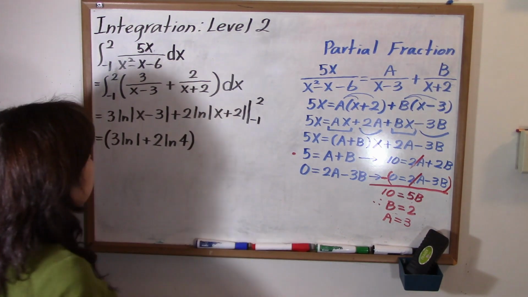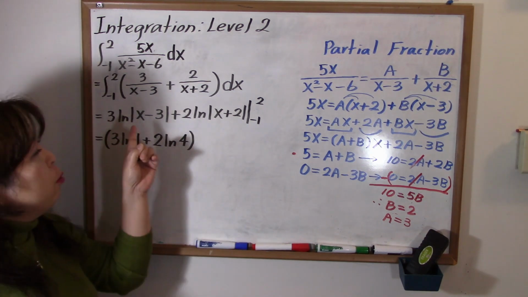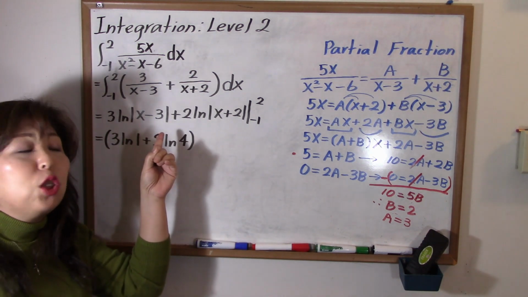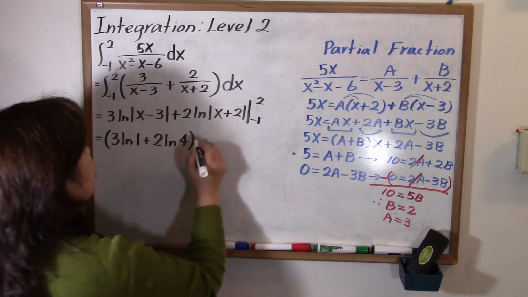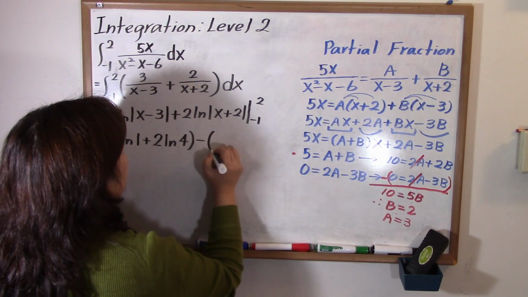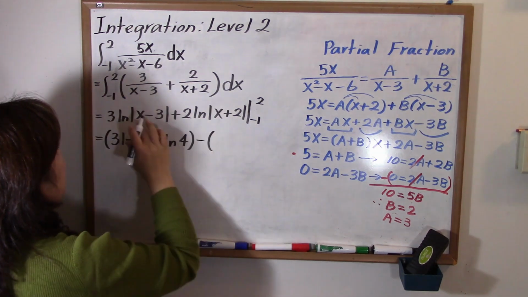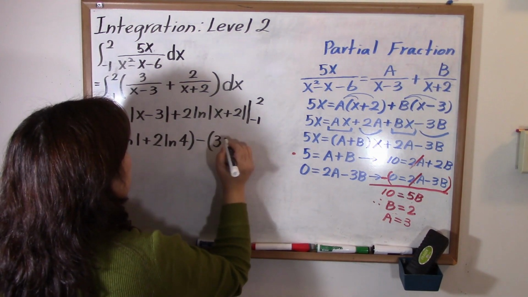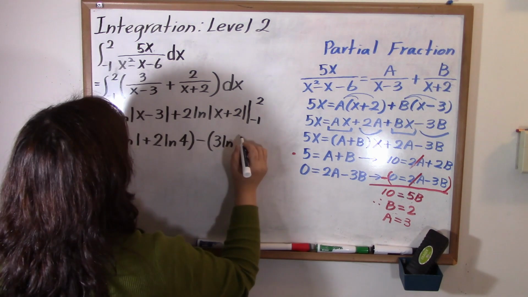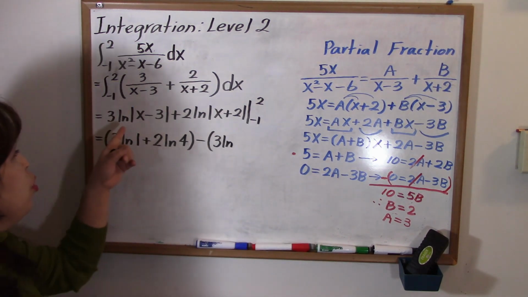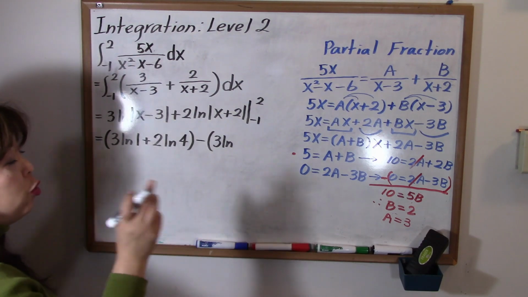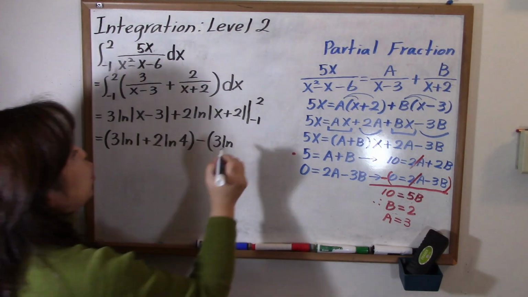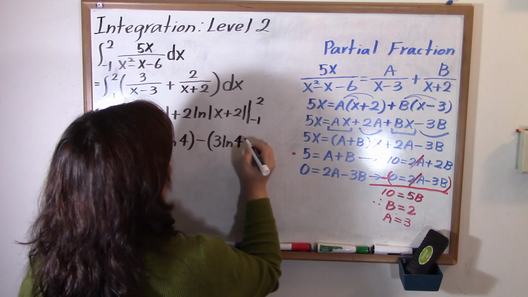And parentheses. And next step, we're going to subtract the value of this expression when x is equal to negative 1. So we're going to subtract parentheses. We're going to plug negative 1 into x. 3 ln, and then the absolute value of negative 1 minus 3 is the absolute value of negative 4, which is 4.